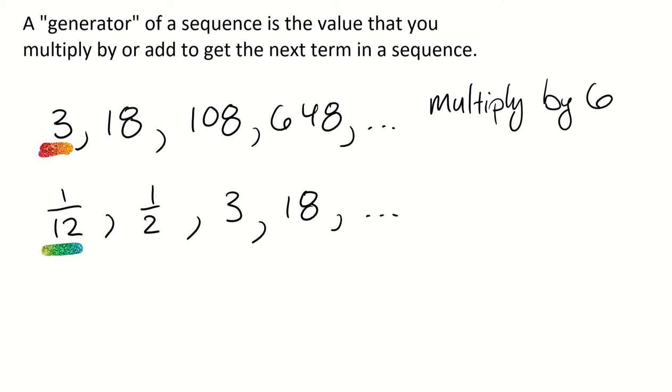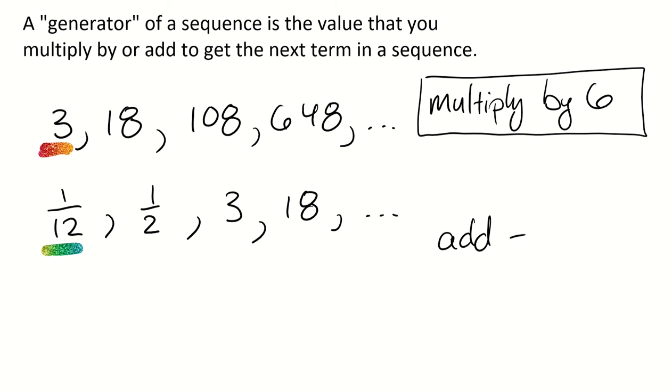Let's look at one more example. This time, instead of my generator being multiply by 6, let's say that my generator is add -2. I can have a sequence that also starts at 3, just like the one above. But if my generator is add -2, the next term in that sequence is going to go to 1. That's 3 plus -2.